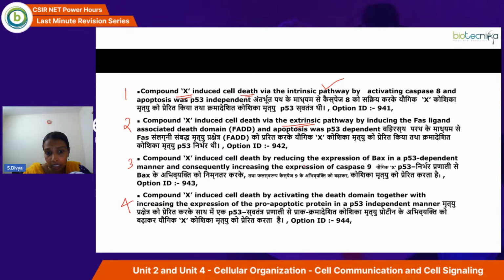The third is by reducing the expression of BAX in a P53 dependent manner, or activating the death domain together with increasing the pro-apoptotic proteins. According to you, what is the correct answer over here? It is a very easy question. Anyone? No? See, I'm giving you the answer.